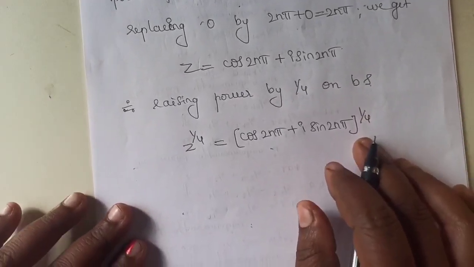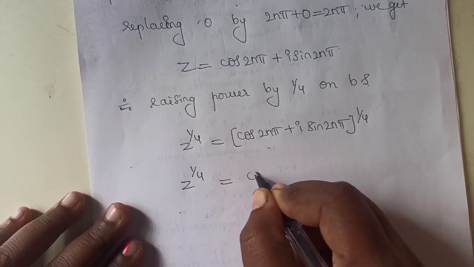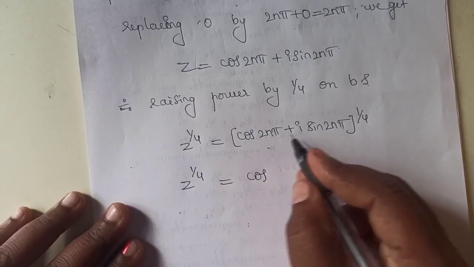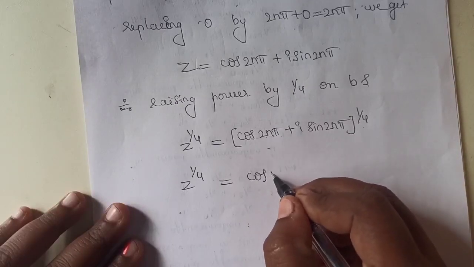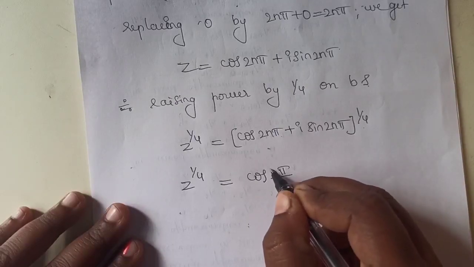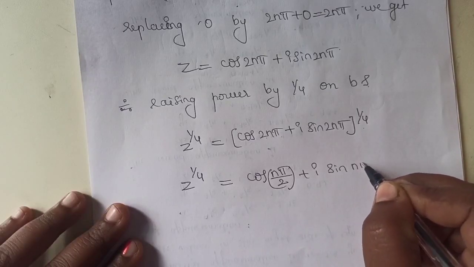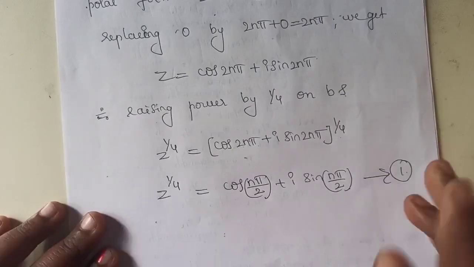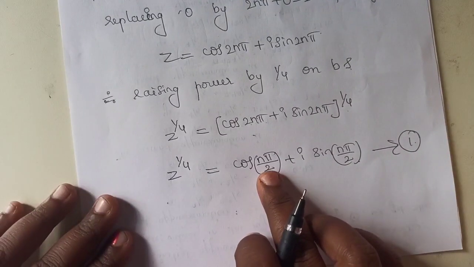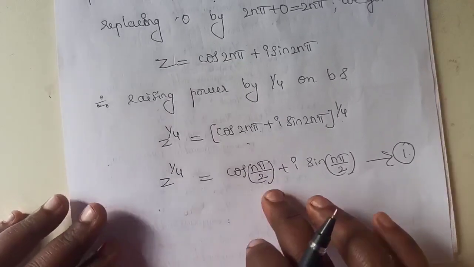Now applying De Moivre's theorem here, it becomes z power 1 by 4 equals cos of 2n pi by 4, which equals n pi by 2, plus i sin n pi by 2. So this is the required equation. Here the angle is n pi by 2, and this angle is called the argument.